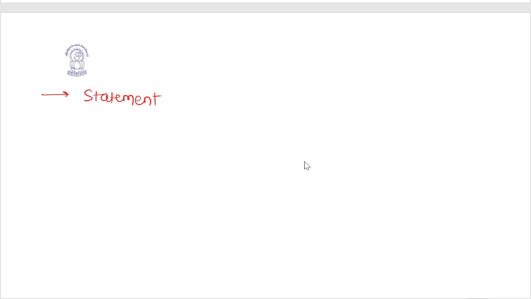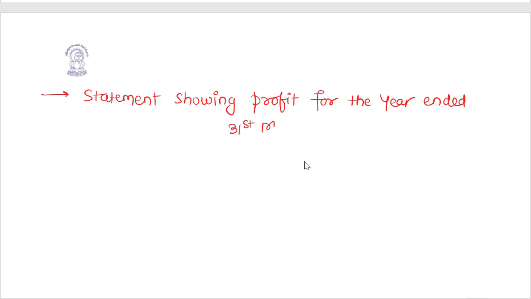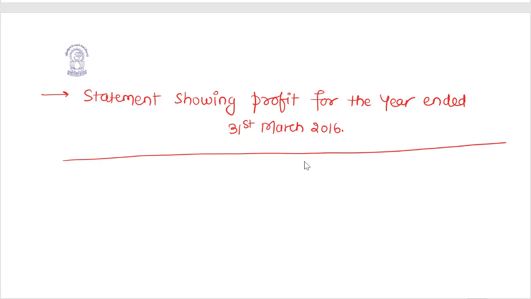Statement showing profit for the year ended 31st March 2016.